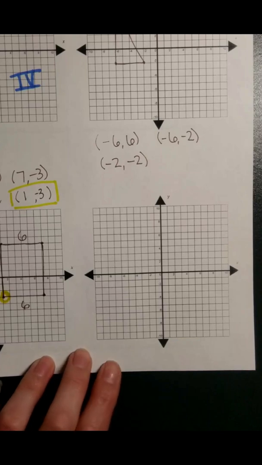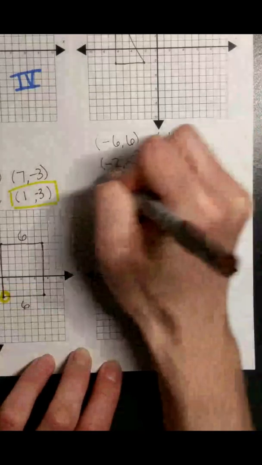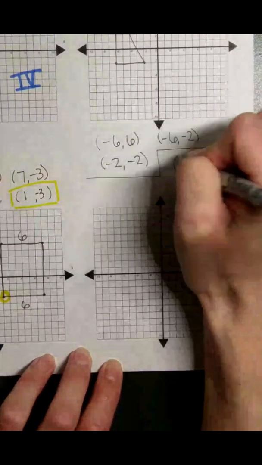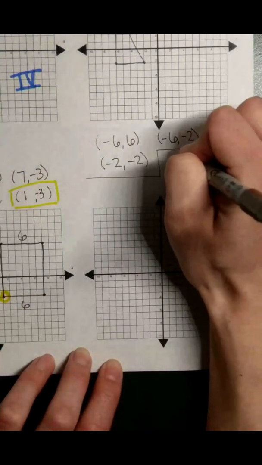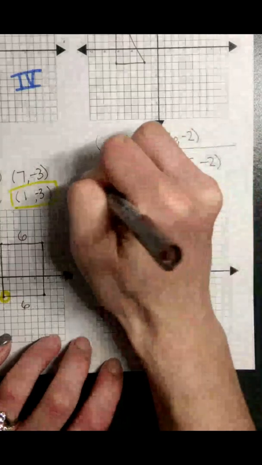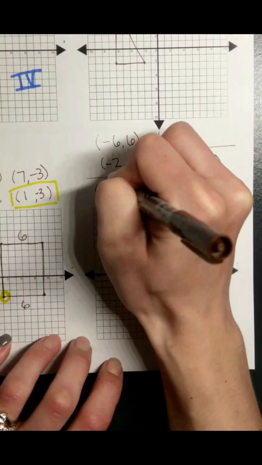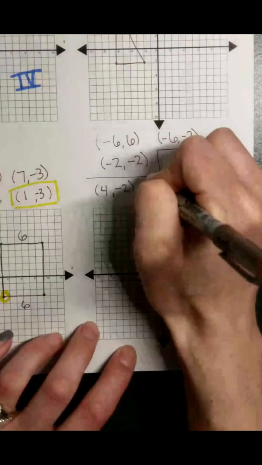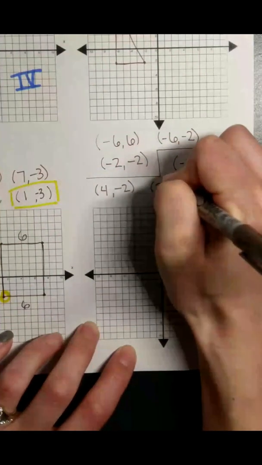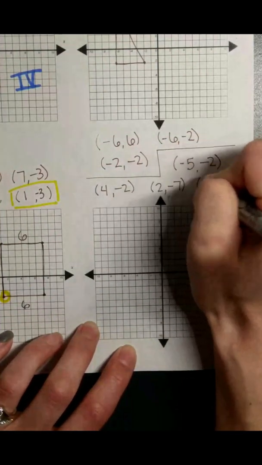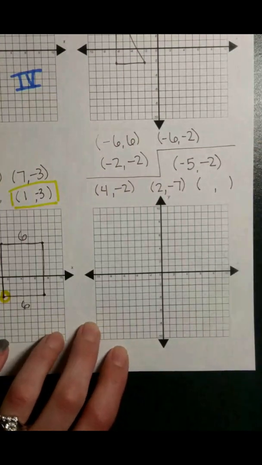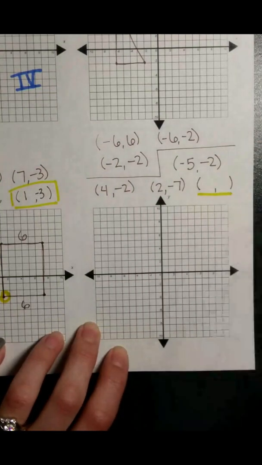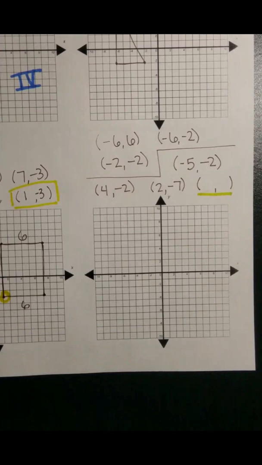And if we're given this set of points for our parallelogram, we know there's a vertex at (-5, -2). We know there's a vertex at (4, -2). We know there's a third vertex at (2, -7). And we are in search of that 4th vertex. Where will the 4th corner of this parallelogram be plotted?